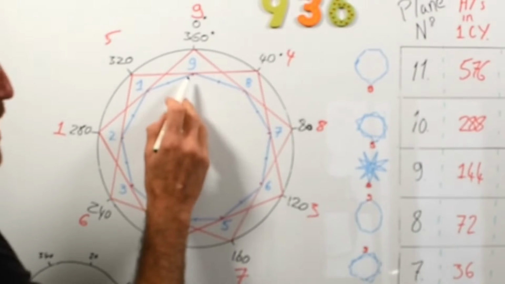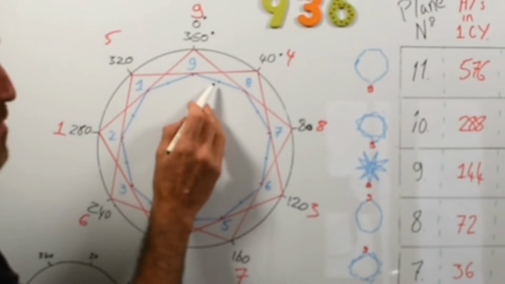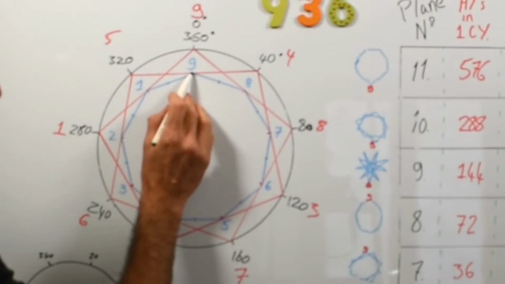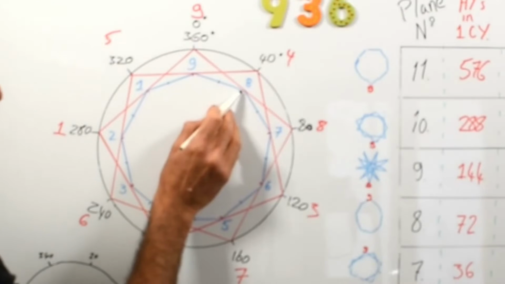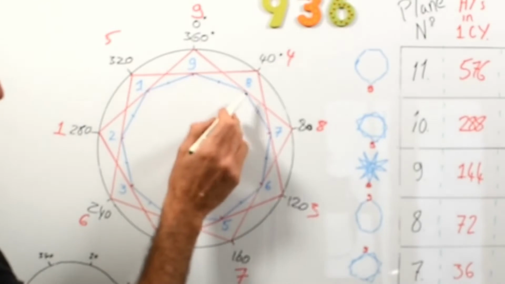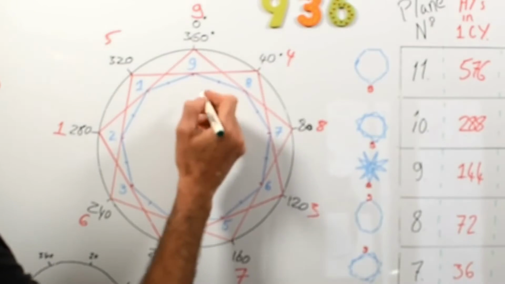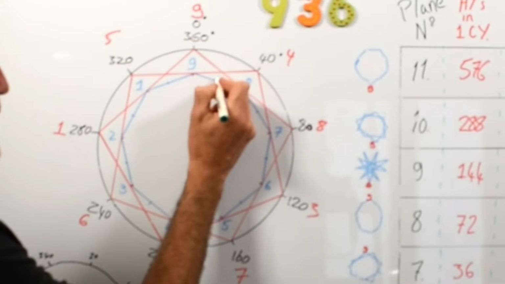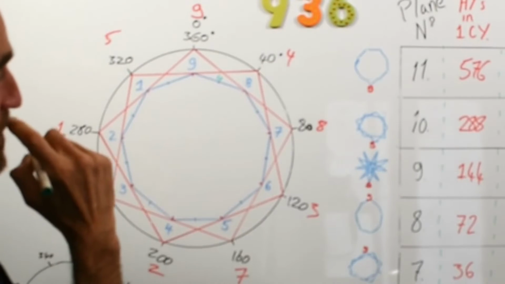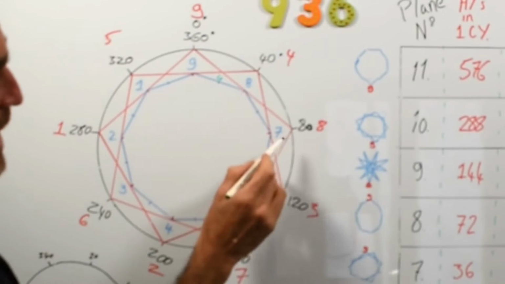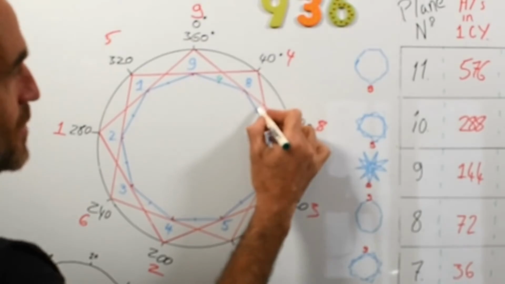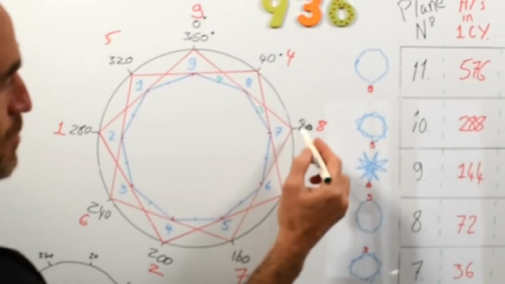So now, if we look for the midpoints of the enogon lines, then this is point 360 and this is point 40 here, going around the circle again. So 360 plus 40 equals 400. So this one here would be a 4 at the midpoint. Then between 40 and 80, it's 120. So that's going to be a 3.